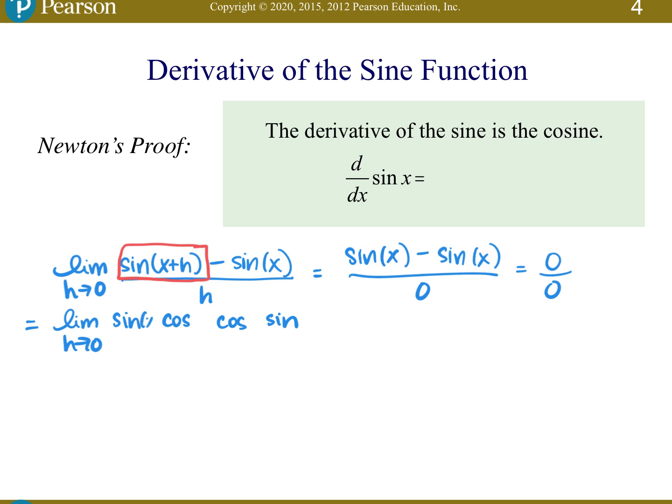X. What goes in the next cosine? H. Then plus, sorry, I ran out of room. Then the next cosine is X and sine of H. Then there's still the minus sine of X, all over H.